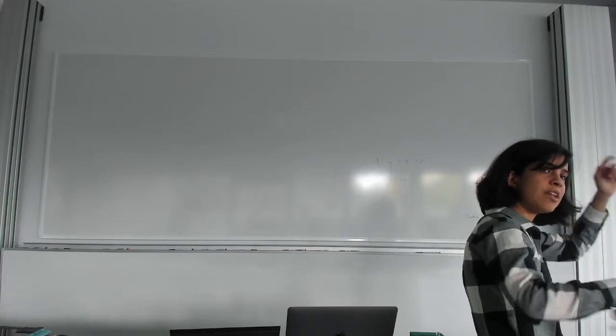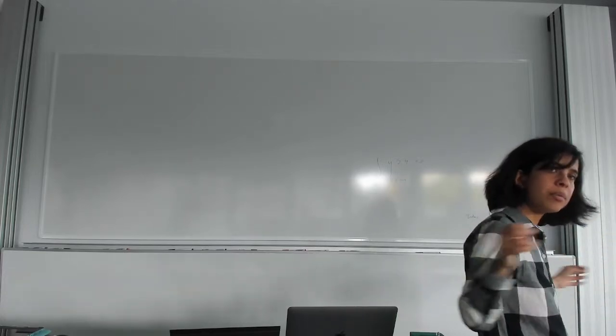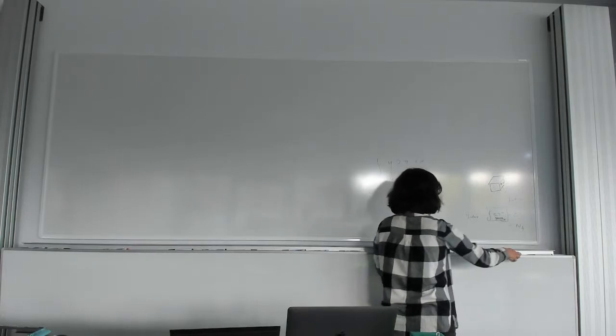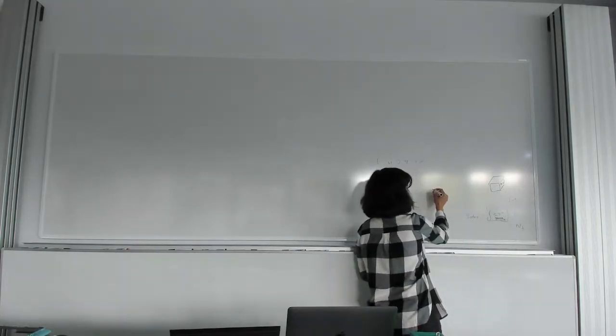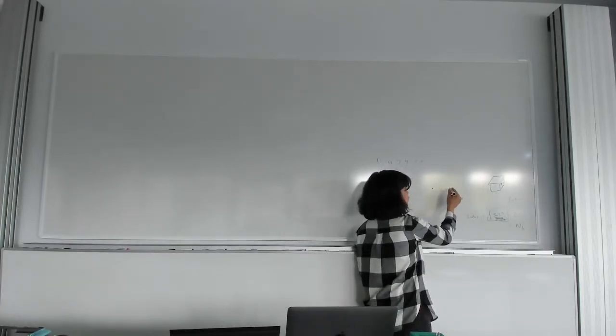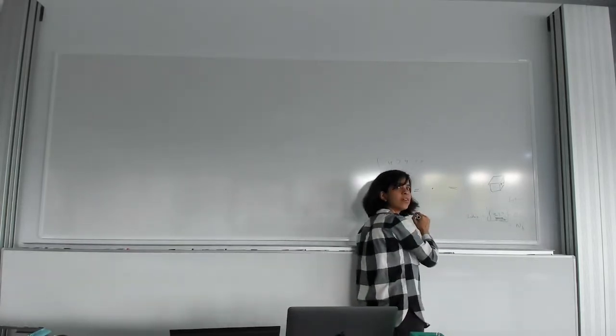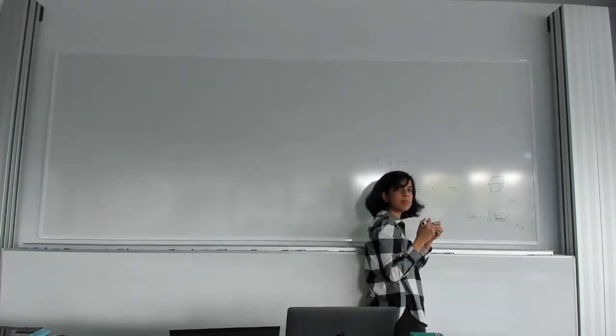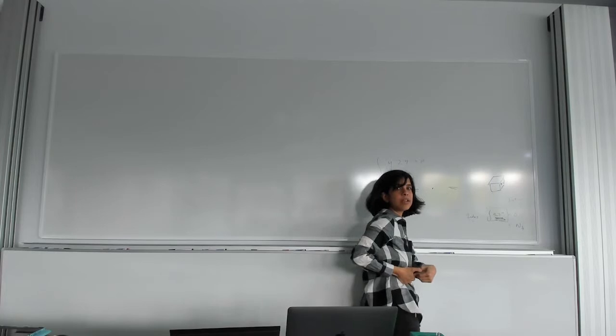So if something is happening here, in order to detect it, I need to know what's happening here, and the information here is telling me what's happening. So given a description of the extra dimension, I can detect it.